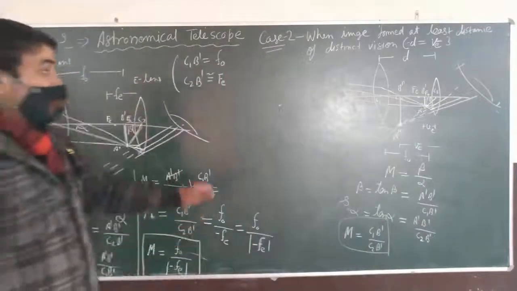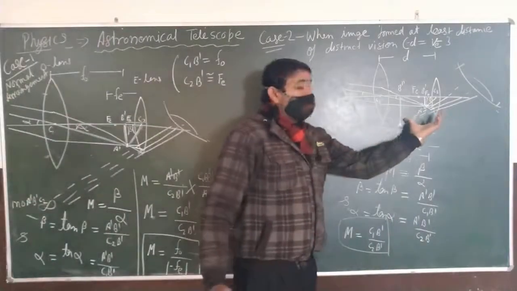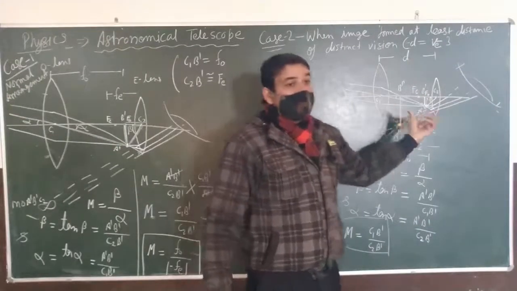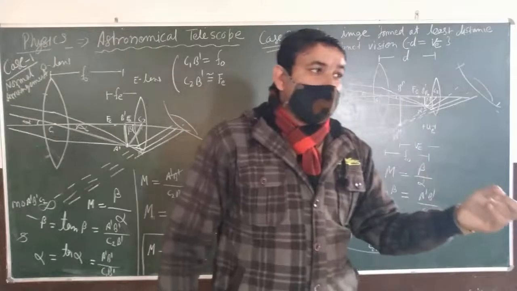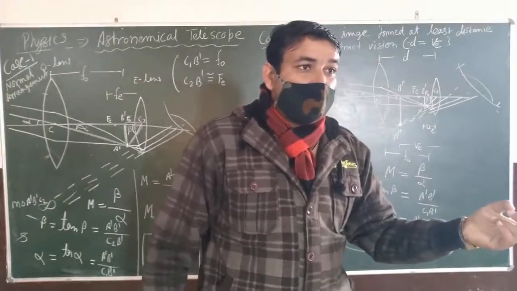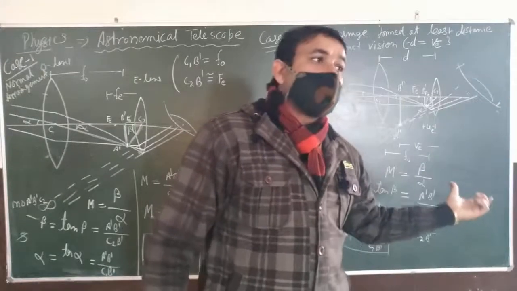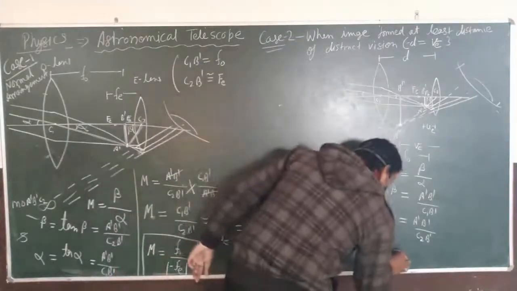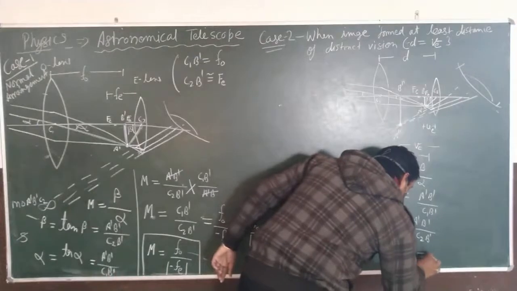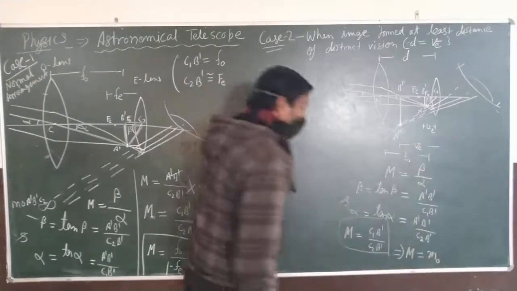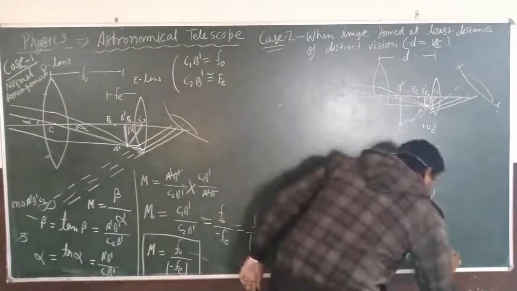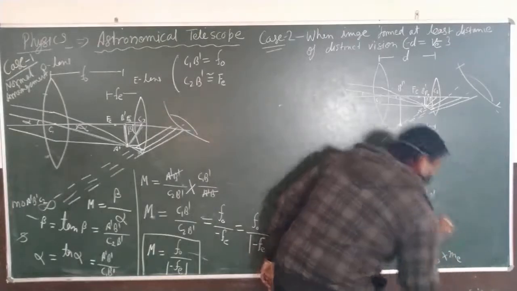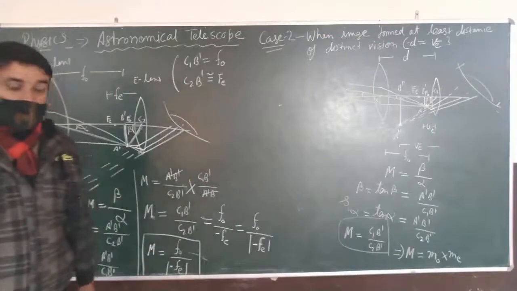Secondly, when the two lenses placed coaxially, then their magnifying power is equal to the product of magnifying power of each lens. That is, M is equal to magnification produced by objective into magnification produced by eyepiece. Okay?